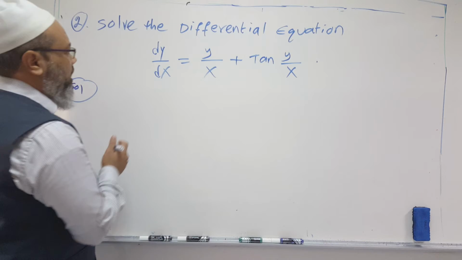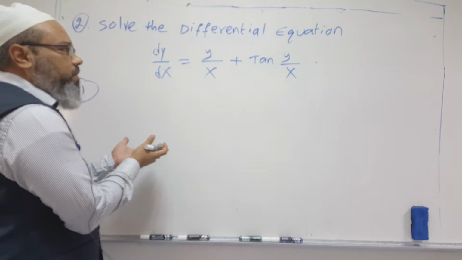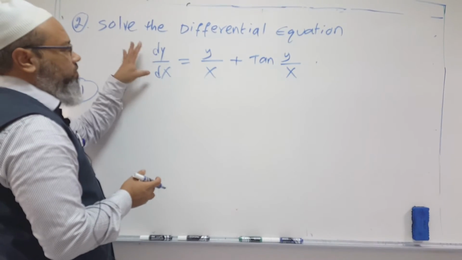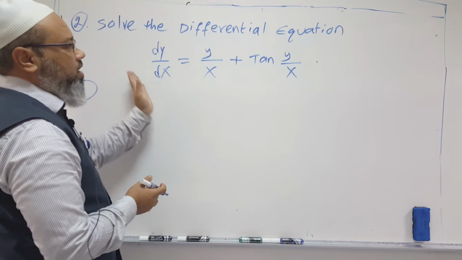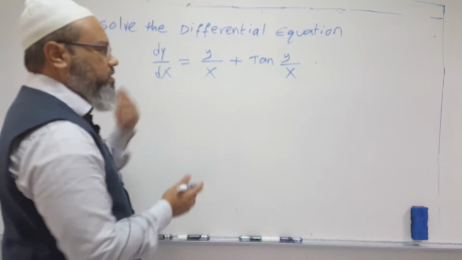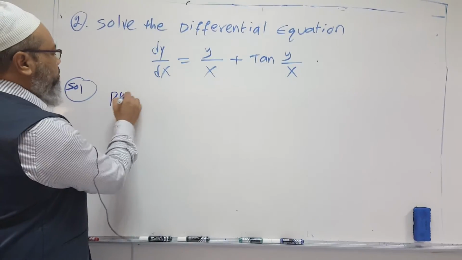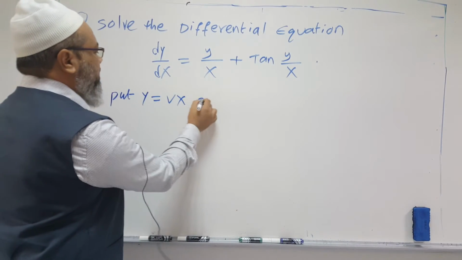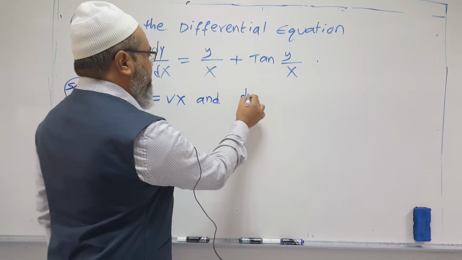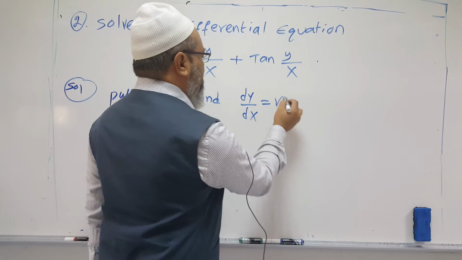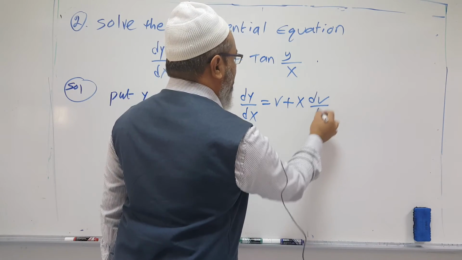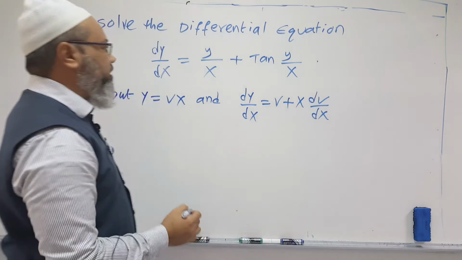How to solve? Already this is in standard form, as we know. The standard form has only dy by dx on the left side and all other terms on the right side. Yes, it is there. So directly put y equals vx, and by differentiating, dy by dx equals v plus x dv over dx. Put these two in the given equation.